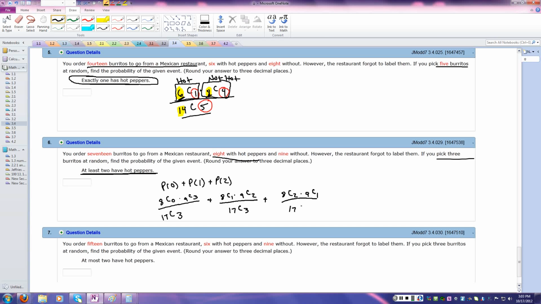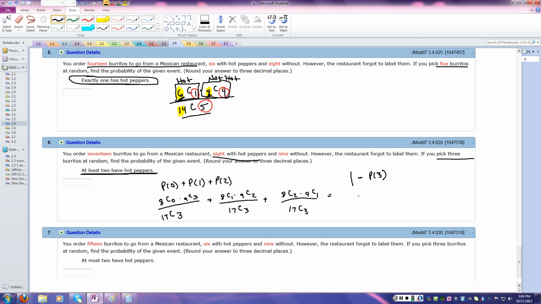So the calculations here can be kind of intense. You're either going to get 0, 1, 2, or 3 with hot peppers, since you're picking 3 burritos. So what you can do is find 1 minus the probability that you have 3.